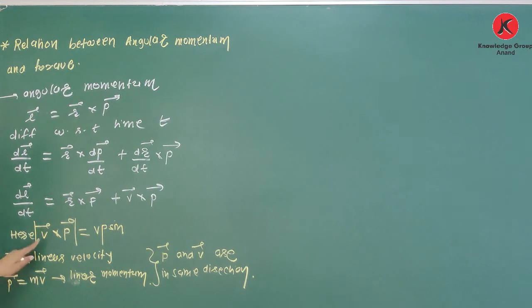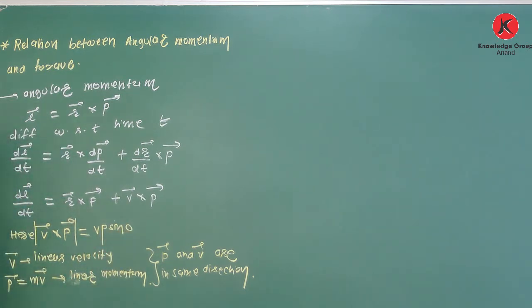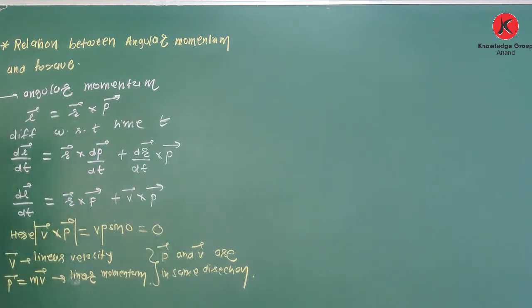So what happens? Magnitude of v cross p is equal to vp sine 0. v and p are in the same direction, and whenever two vectors are in the same direction, their cross product will become 0. So v cross p is 0.